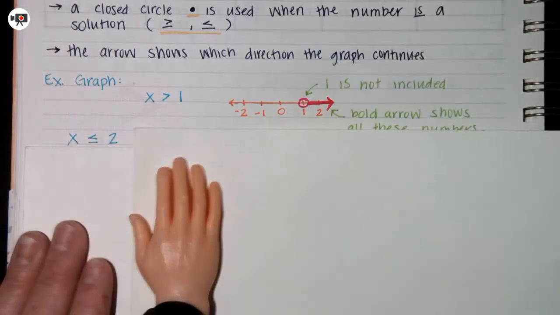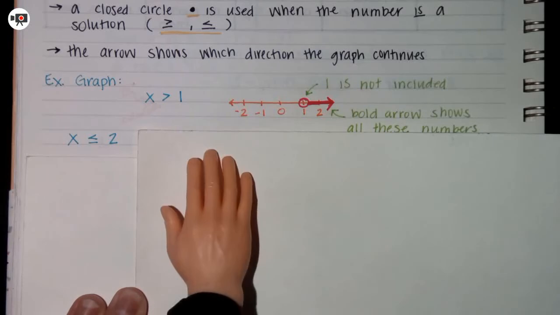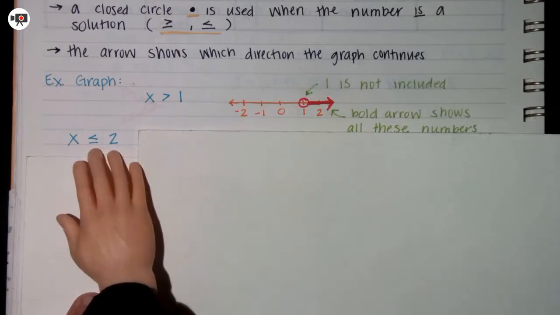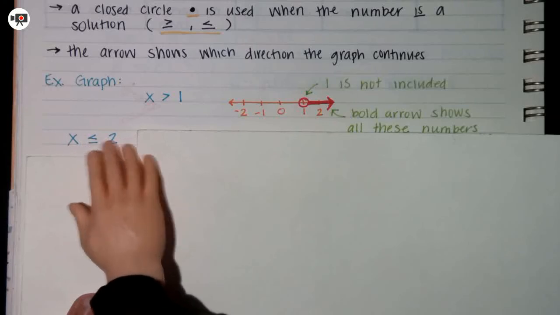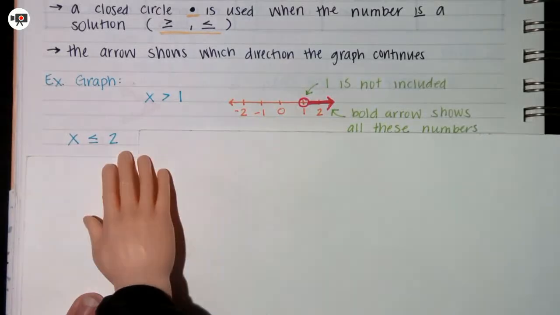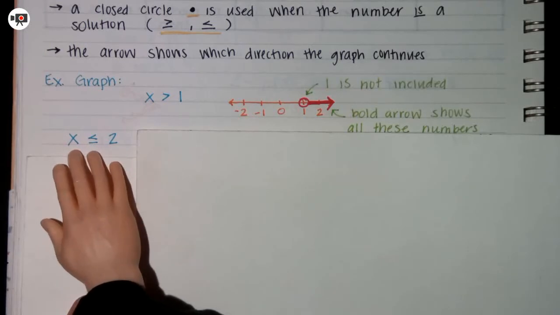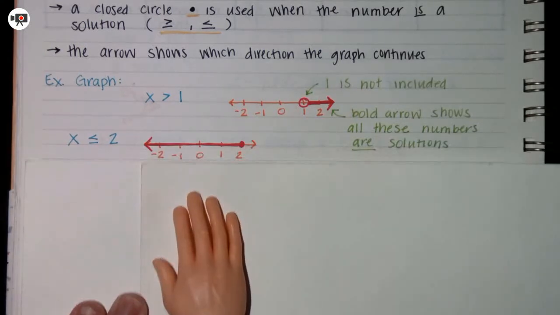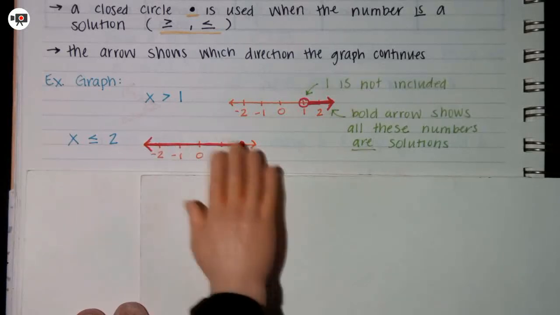For x is less than or equal to 2, I have 2 on my number line, and x has to be on the smaller side. Remember that the inequality opens towards the larger number, like a little alligator that wants to eat the larger number. So x has to be on the small side of 2, and I will close that circle. So here on 2, x has to be anything smaller, and I can close it.